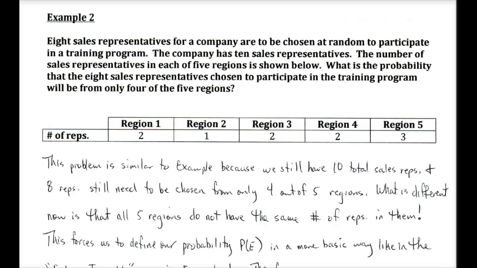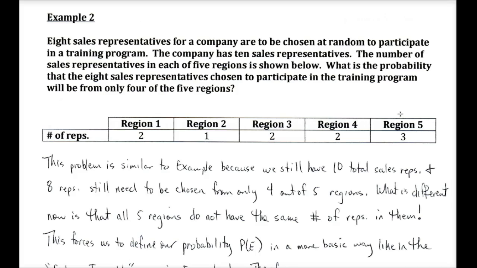So in doing this, we still want to know, all right, what's the probability now of having all the sales reps, the 8 that you need, come from only 4 of the 5 regions? Before we even think about this, because we have 3 in this particular region here, the thinking is that we have more flexibility on the different ways that we can choose candidates, so our probability may go up, okay?